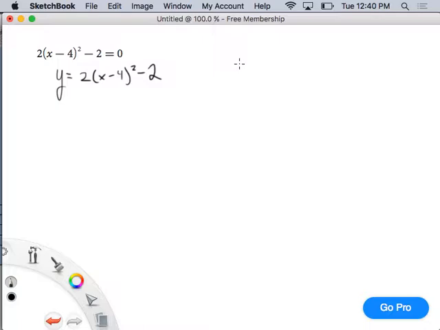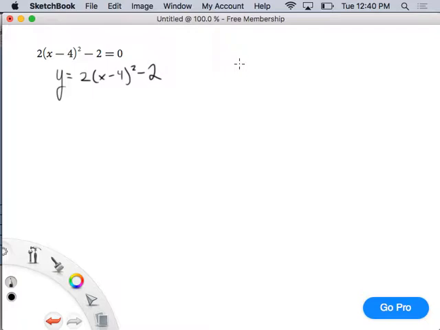The zeros of this function are the solutions of this equation. Why? Because that's the function set equal to 0. Does that make sense? So if I can get a quadratic function equal to 0, and I can graph that function, then the zeros of that function are the solutions to that equation. Does that make sense to you guys?